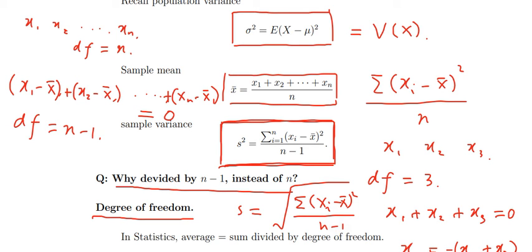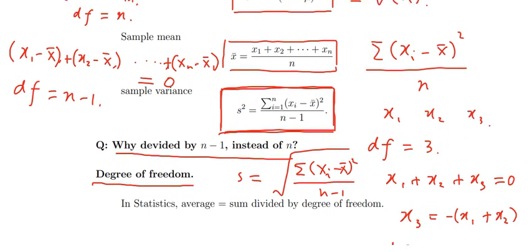So this is the sample standard deviation. For a population, we have the population mean, population variance, and population standard deviation. For a sample, we also have those numbers: sample mean, sample variance, and sample standard deviation.